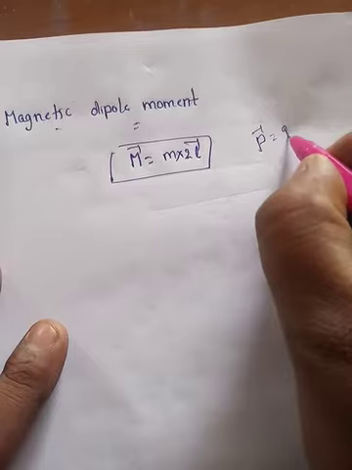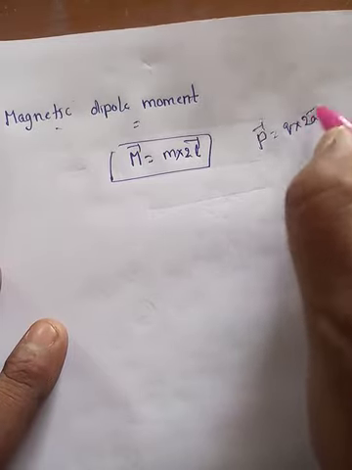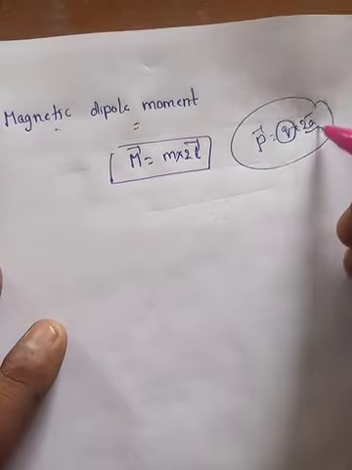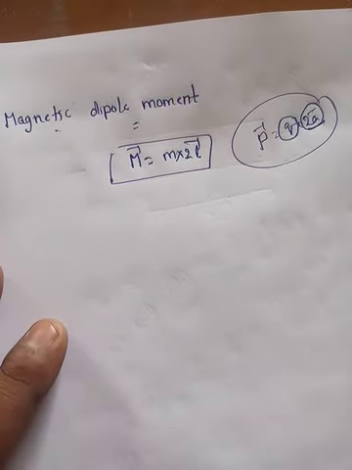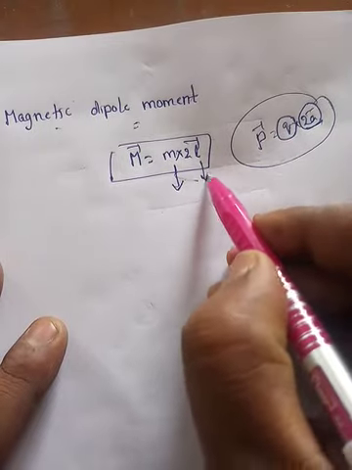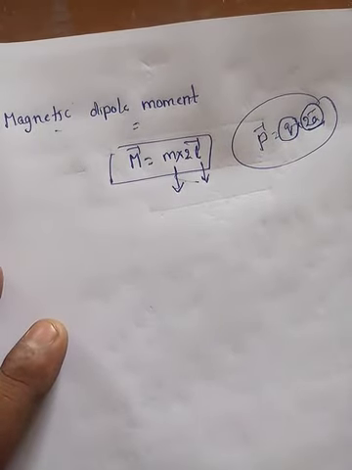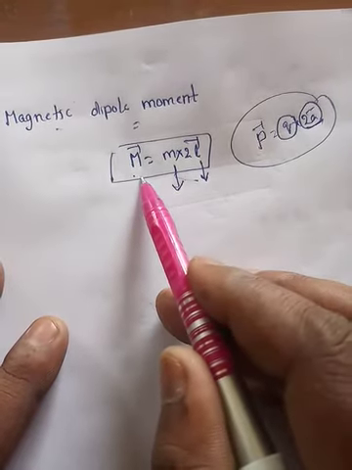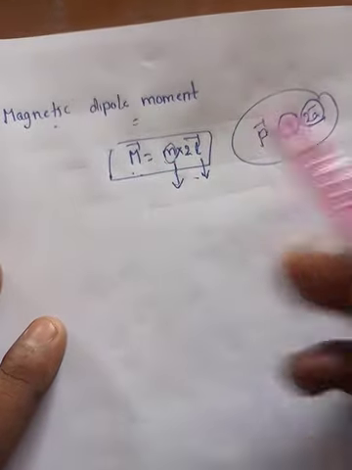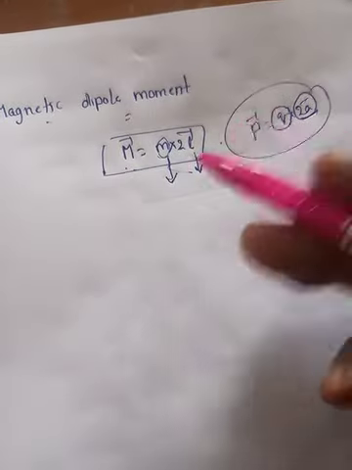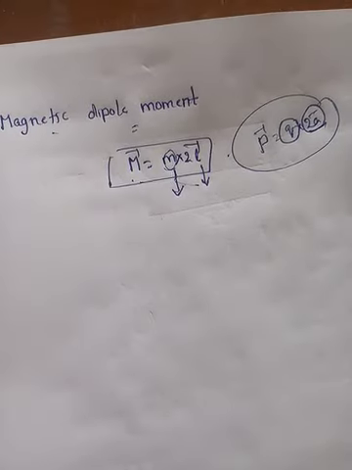P bar is equal to charge into 2A. There charge is responsible for electric field and 2A is the distance between two charges. Here pole strength is responsible for magnetic field and 2L is the distance between two poles. So we can define the same way. It is defined as the product of pole strength and magnetic length. Since magnetic length is a vector quantity, magnetic dipole moment is also a vector quantity.